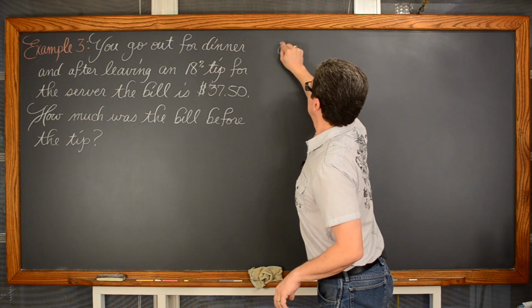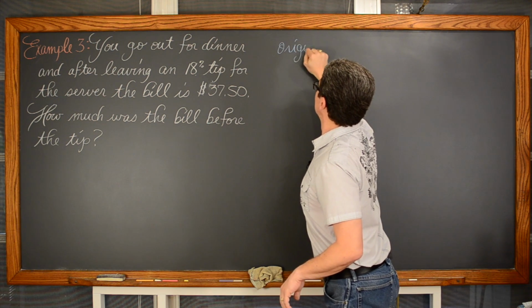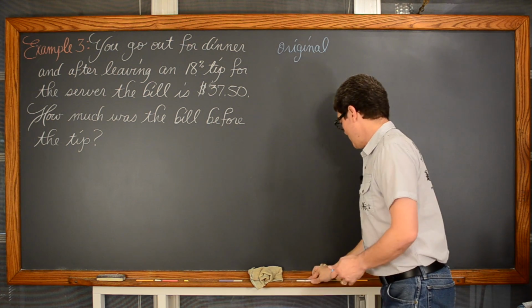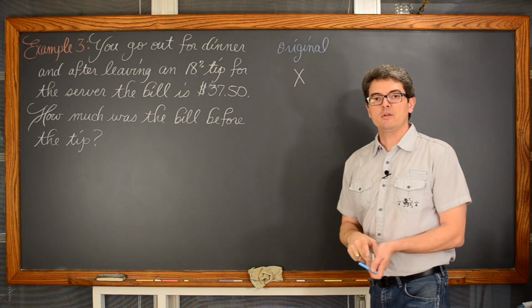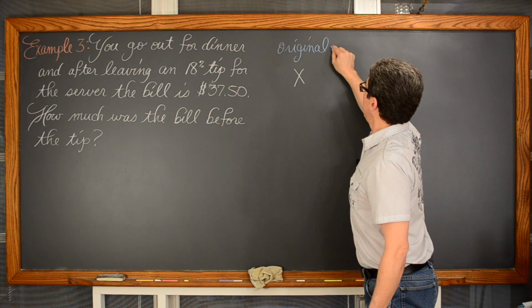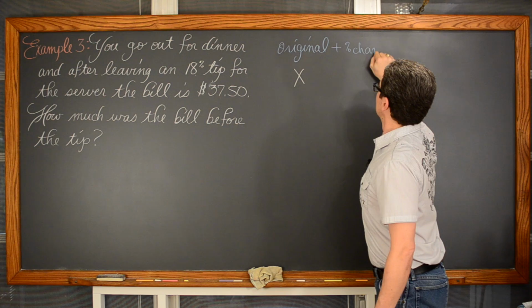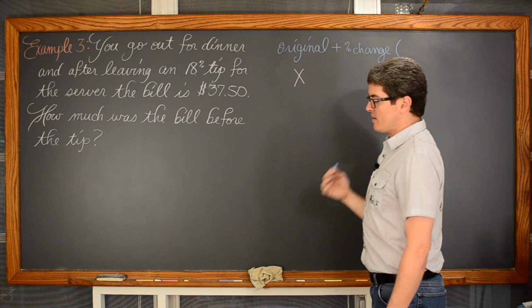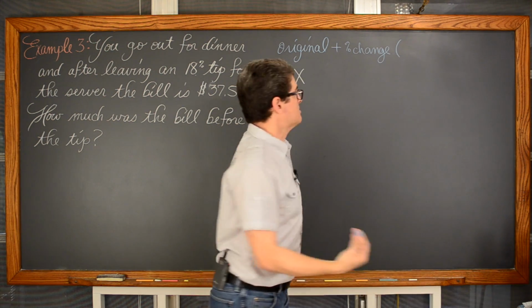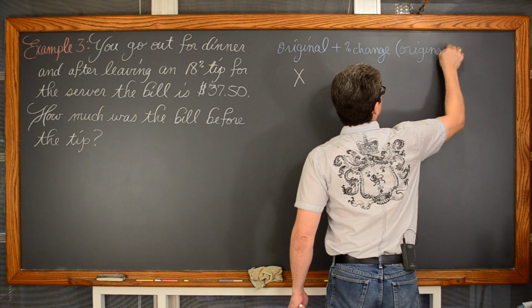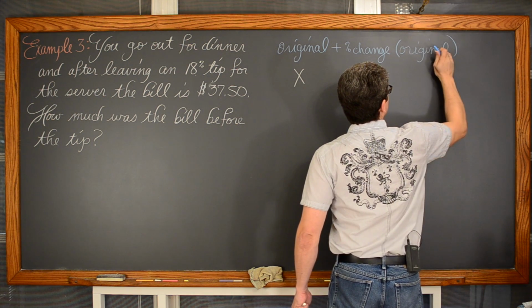Do we know what the original price was? No, we don't. What are we doing to it though? We're going to add on a percent of change. And how do we find a percent of change? We're going to take that percent of change and multiply it by whatever that original amount was.